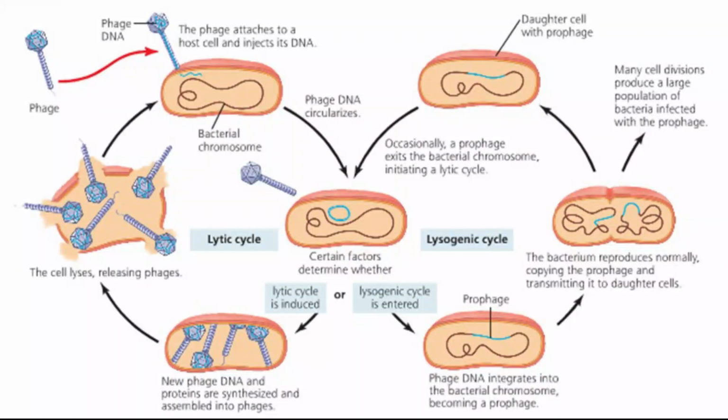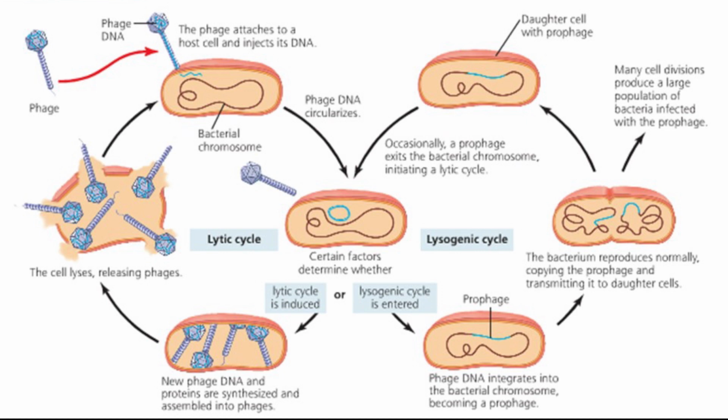And the other thing that they can do, which is also common in humans and other animals: here's the situation. This cell gets infected. It has two choices now. Sometimes the virus will start making more copies, and it'll be a lytic cycle. It lyses.